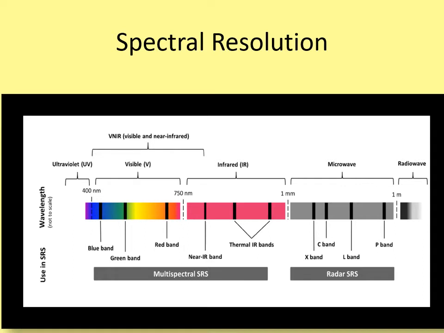This is a picture of the spectral bands, and this is the visible range. We are all familiar with RGB, and this is the infrared.